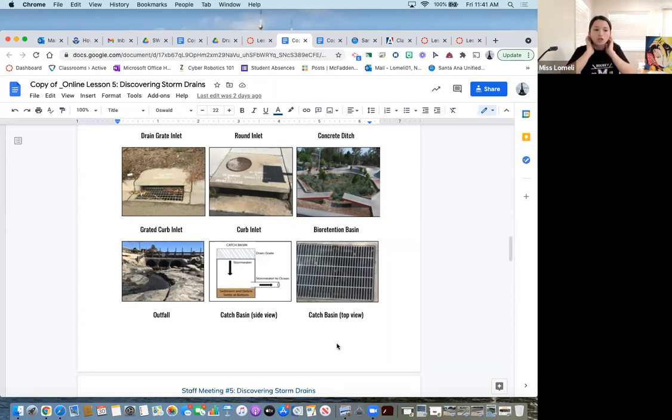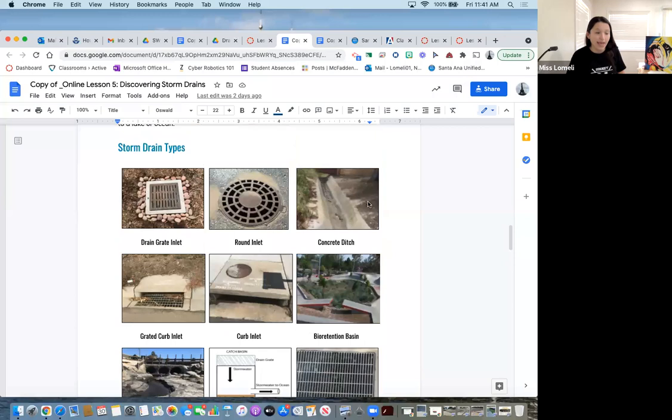It all goes down the drain. So a storm drain does the exact same thing, but for rainwater. So it rains. Where is it going to drain into? It's going to drain into a storm drain, one of these. It collects the water and washes it away from the streets.